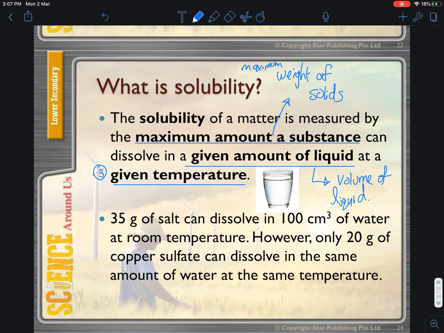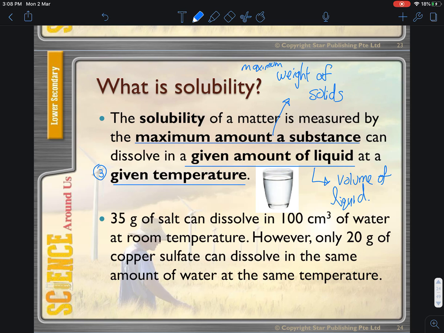So that's why it can dissolve in a given amount of liquid, which is the volume of the liquid, the second criterion, as having more water or more of the liquid could increase the solubility of the substance or the mixture at any given temperature. This is illustrated at the following point, where 35 grams of salt can dissolve in 100 cm³ of water at room temperature.